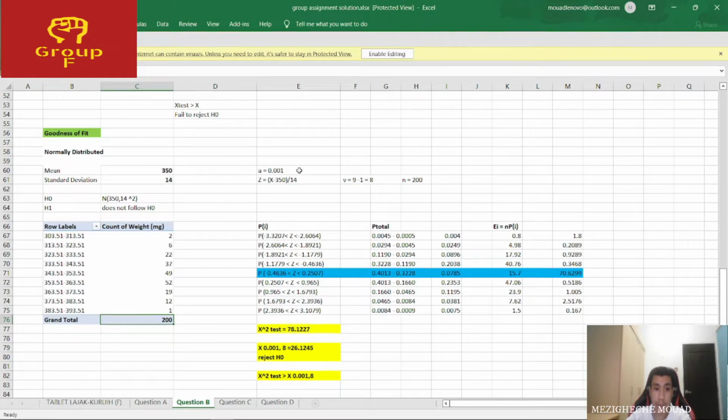And we have alpha equal to 0.001, and Z is going to be, we use the equation of x minus the mean, which is 350, divided by the standard deviation 14. After that, we calculated the probability for our z's.